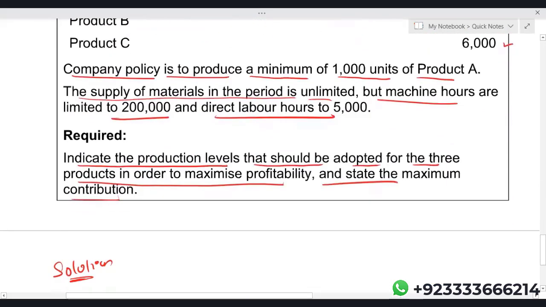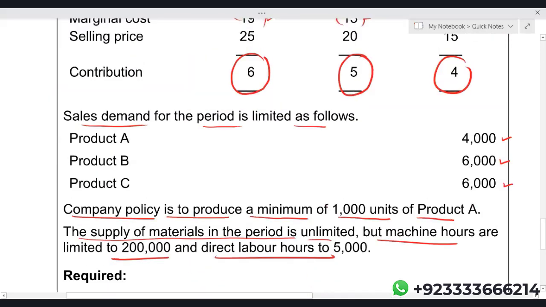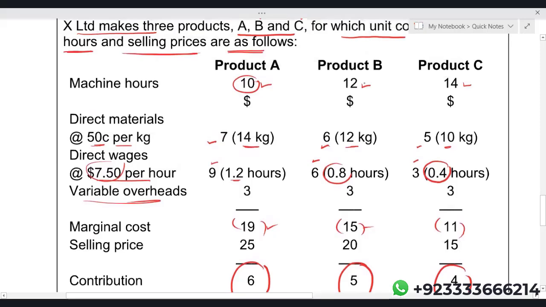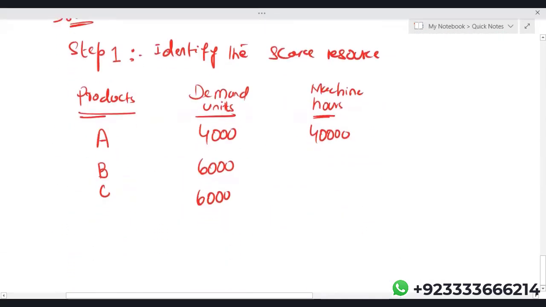So 10 multiplied by 4,000 will give us 40,000 hours. 12 multiplied by 6,000 will give us 72,000 machine hours. 14 multiplied by 6,000 will give us 84,000.